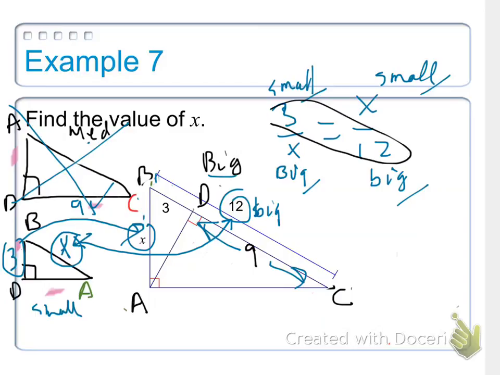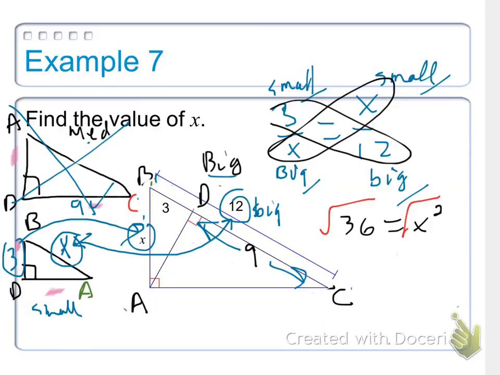3 times 12 is 36. X times X is X squared. So now we're going to square root it, and we get X equals 6. Well, let's see, how do we get this 36?